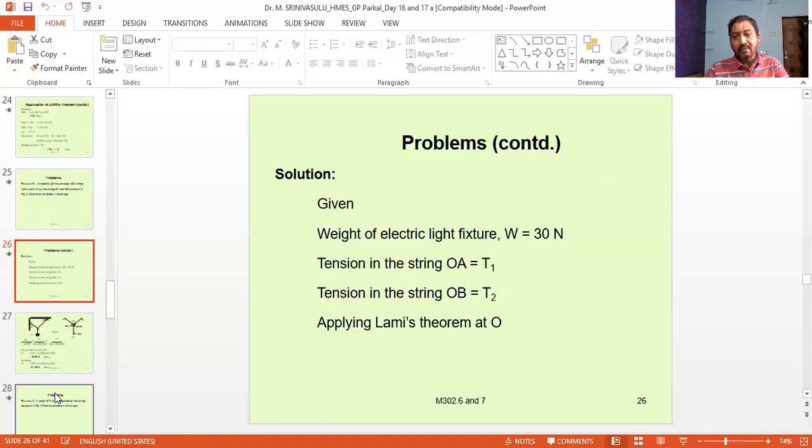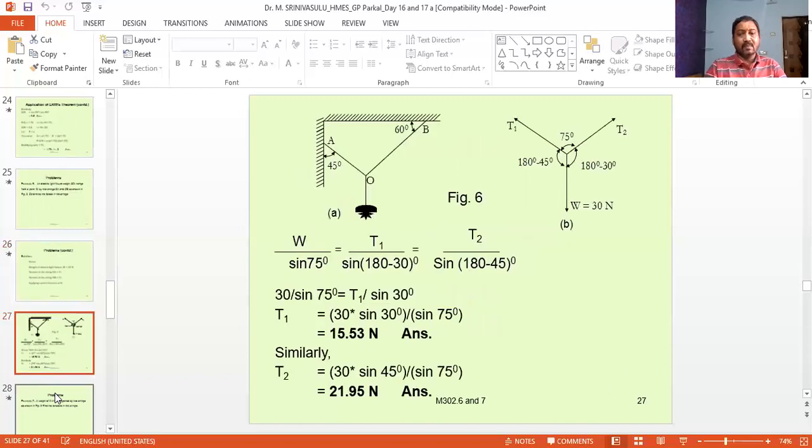This we have to find, and the angles are also given. That is, OA is making an angle of 45 degrees with the vertical wall, and OB is making an angle of 60 degrees with the horizontal beam.